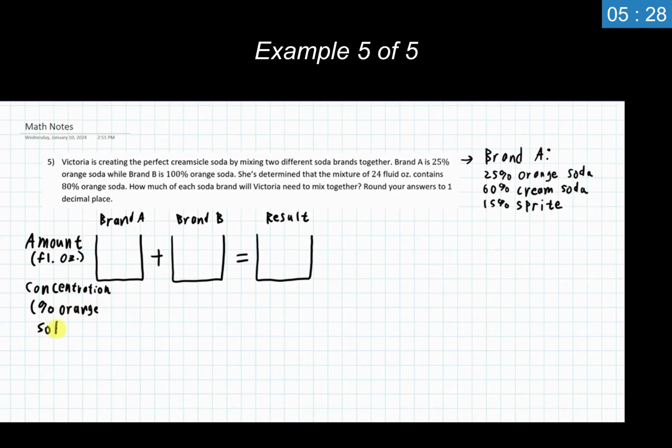Orange soda right here. Now notice, brand A is only 25% orange soda. Maybe the problem tells us brand A is 25% orange soda, 60% cream, 15% Sprite. Great. We're given a whole bunch of percentages here. What is the one and only percent that I am required to track in this problem? That is the percent orange soda.